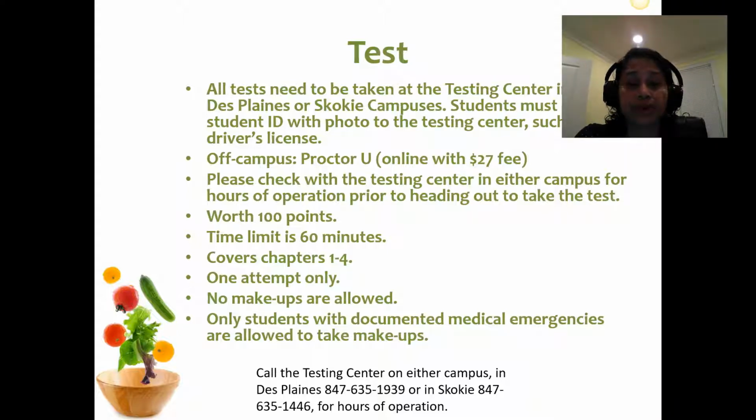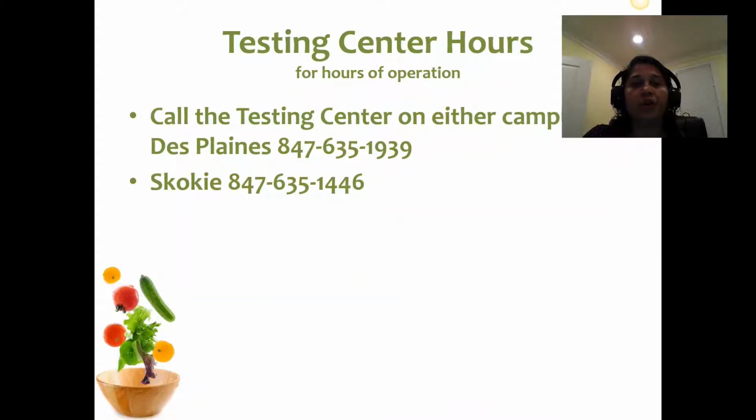Now, the test is worth 100 points. It has a 60-minute time limit. It's closed book, and it covers chapters 1 through 4. You can only take it once. No makeups are allowed, though students with documented medical emergencies can take a makeup, but you have to have a doctor's note for that. You should call the testing center beforehand to know what the hours of operation are.